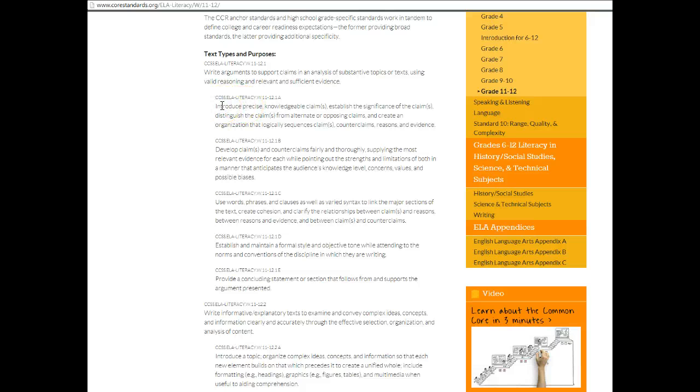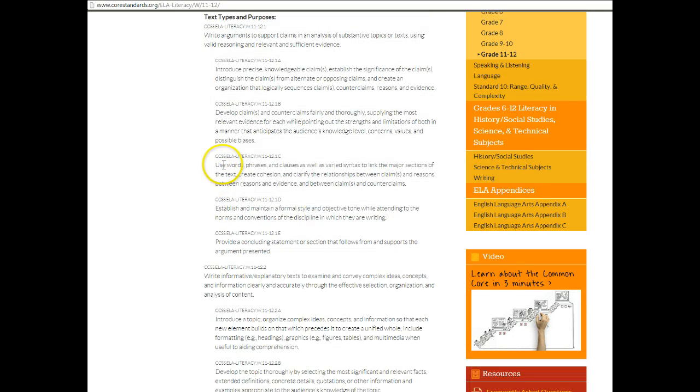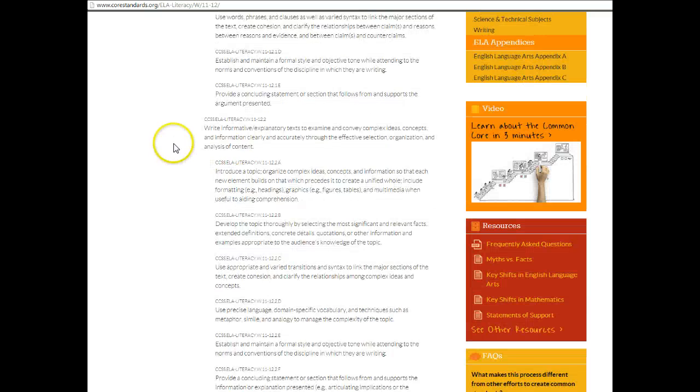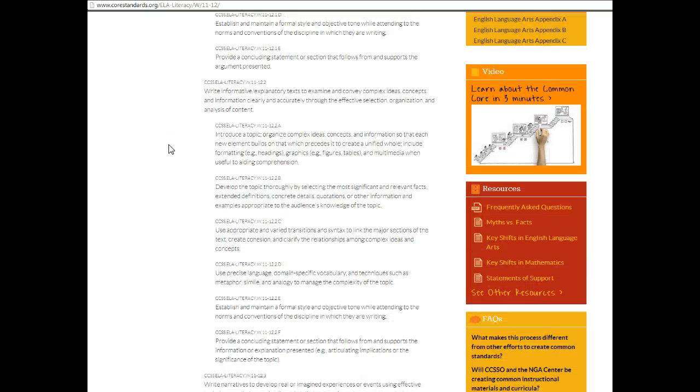Introduce precise knowledgeable claims. You need to take note of counterclaims. You need to use appropriate words, phrases, and clauses. You need to establish a formal writing style and an objective tone, and provide a concluding statement or section that follows the form. So the expectations are rising as one graduates from high school.